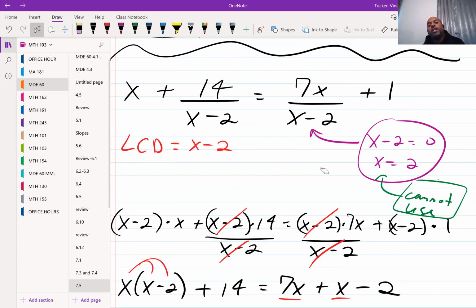All right, multiply each term by x minus 2. See that it cancels here and here.